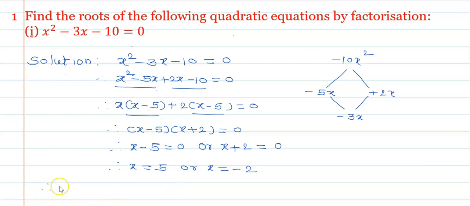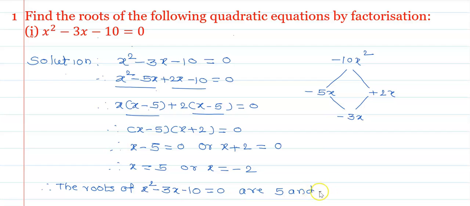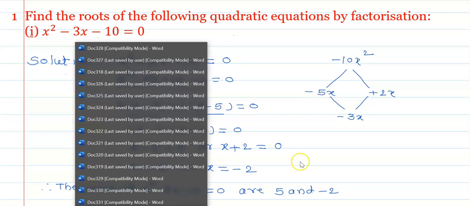Therefore the roots of x square minus 3x minus 10 is equals to 0 are 5 and minus 2. Okay, we'll see the next example.